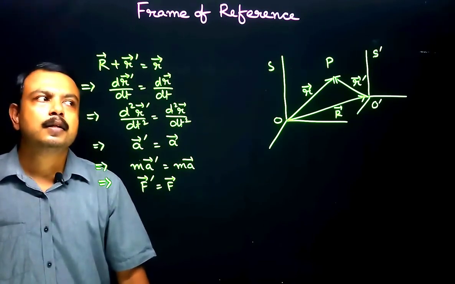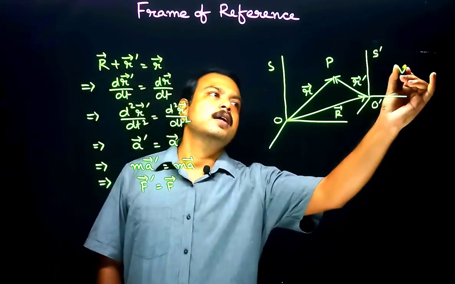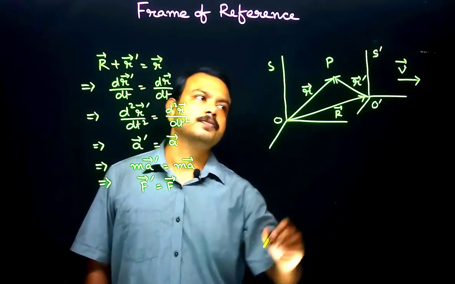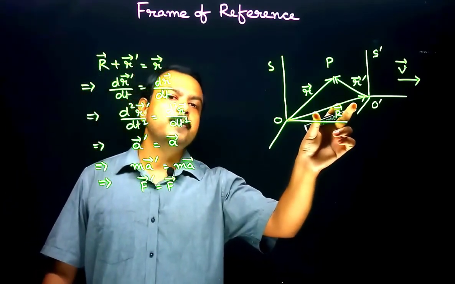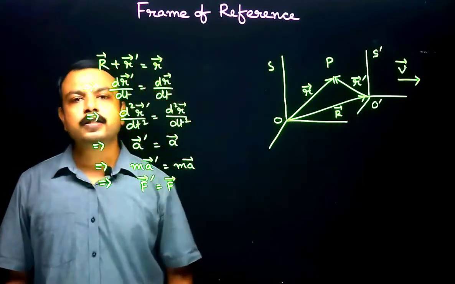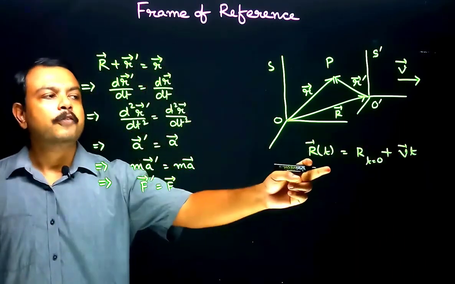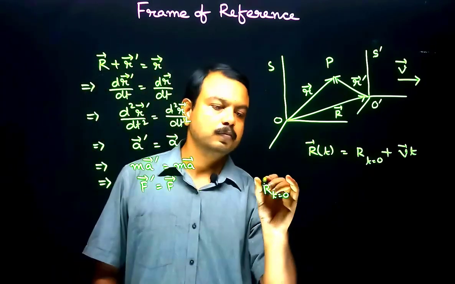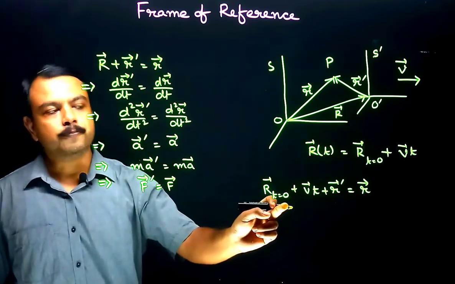Now let us consider the frame of reference S prime is moving with some velocity v, and this movement is a translational movement. In that case, this R is also going to be a time dependent factor. So we can write down R as a function of t as. If we replace this equation over here, we will get. Now let us differentiate this equation with respect to time.